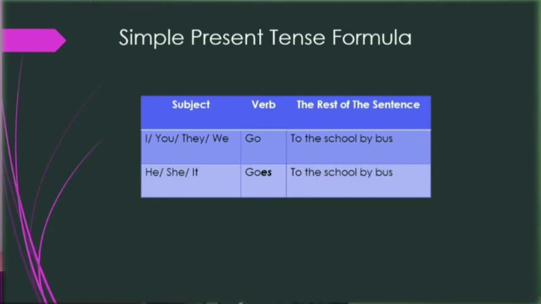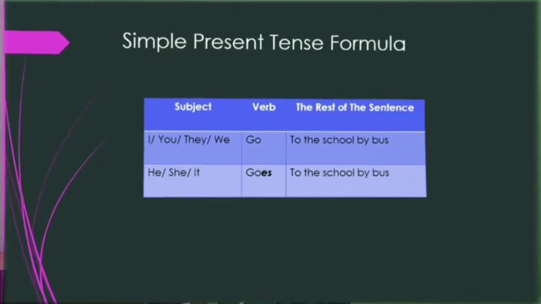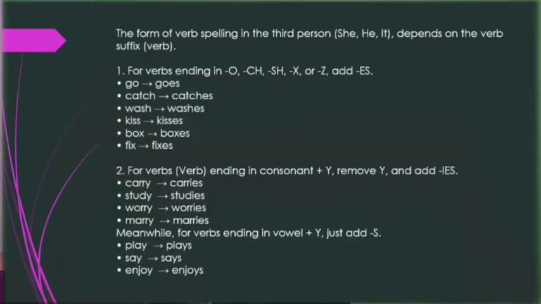The spelling for the third person, like he, she, it, depends on its verb suffixes. You can see this in the presentation. For example, for verbs ending in o, ch, sh, x, or z, add es.